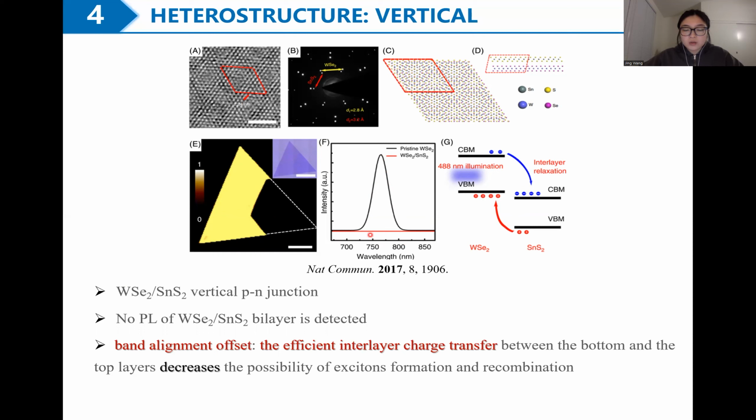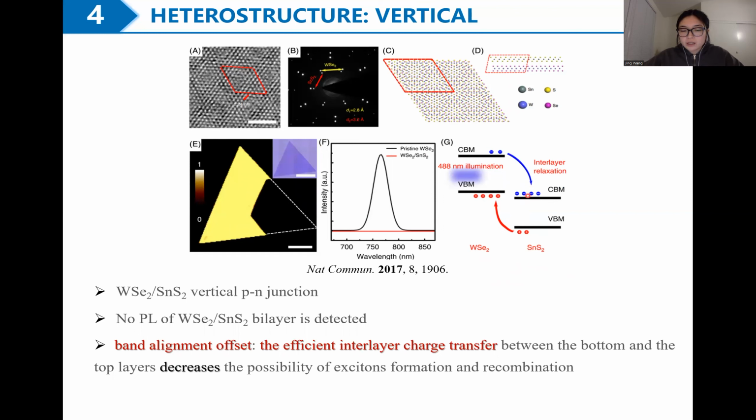Such strong PL quenching comes from the efficient interlayer charge transfer between the bottom and the top layers. It can be interpreted mainly according to the band alignment offset. Both the conduction band minimum and the valence band maximum of SnS2 are lower than those of WSe2, forming a staggered, broken bandgap structure.